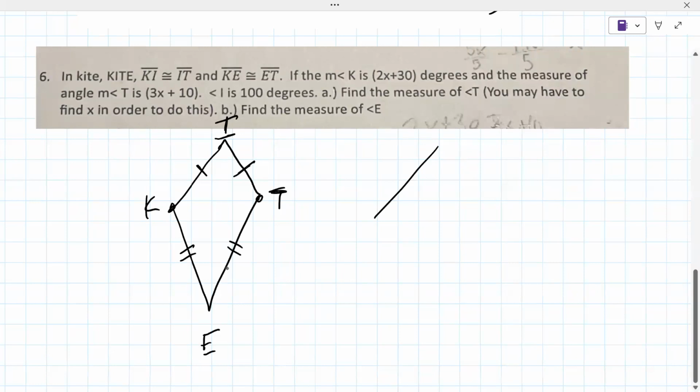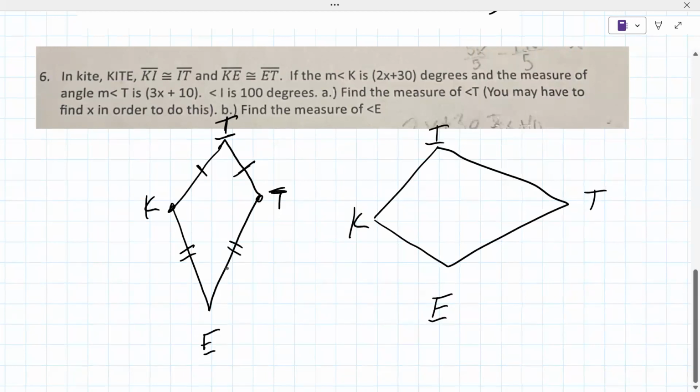You could draw K, I, T, E, and then does this hold? Is KI the same as IT? The answer is no, not the way I've drawn it. So in terms of this problem, you have to go off the congruences to label it.